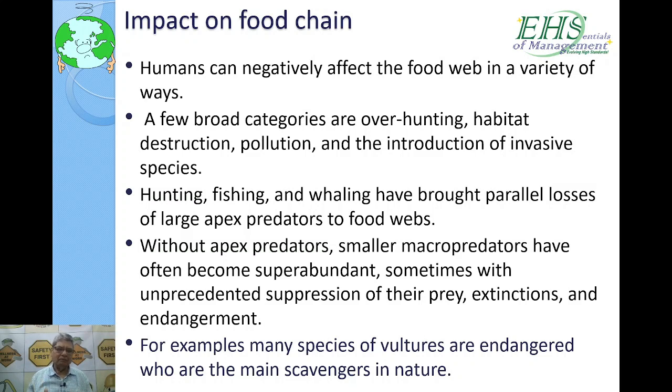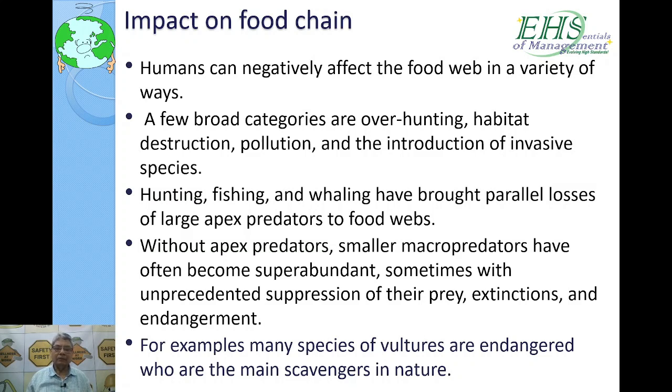It means if the number of tigers has reduced, you will find an abundance of the other animals like deer or other small animals which are eaten by the tiger or the apex predator like eagle or hawk.